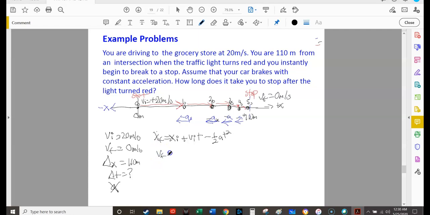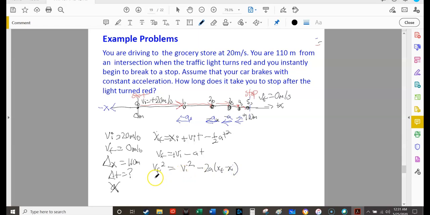We also have the velocity versus time equation, which is a positive initial velocity minus acceleration times time. Okay. I think we also had v final squared equals v initial squared plus or minus 2a delta x, which is x final minus x initial.